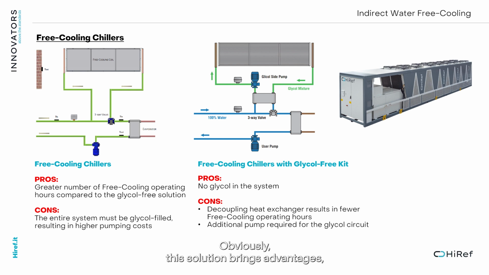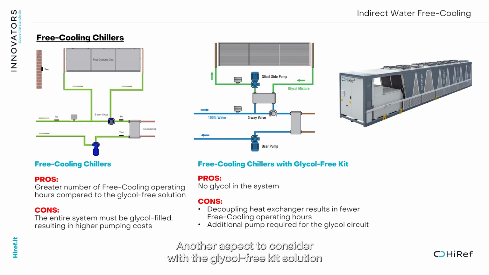Obviously, this solution brings advantages, namely that we don't have glycol in the system, and therefore we have lower pumping costs throughout the year on the plant side. But we also have a reduction of free cooling hours compared to the standard free cooling solution, since the intermediate heat exchangers requiring a thermal approach reduce the operating hours in this mode.